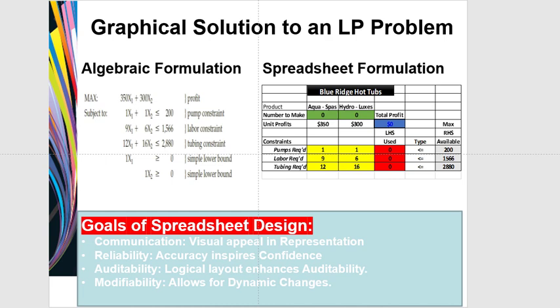So the translation process simply implies that you need to ask the question, how can you represent this information in a spreadsheet? Remember that the information presented in a spreadsheet should be understood by the spreadsheet. So the way it appears as an algebraic formulation may be different from the way it appears as a spreadsheet formulation, as you can see in this example.